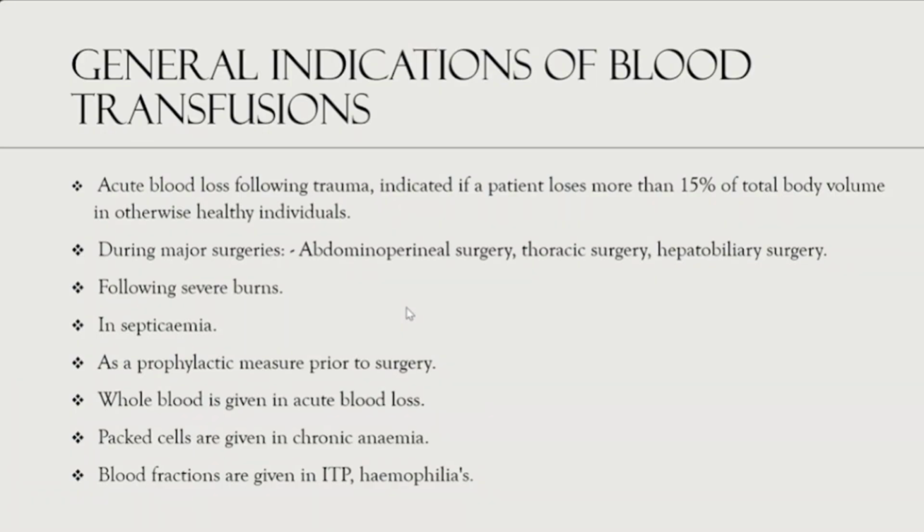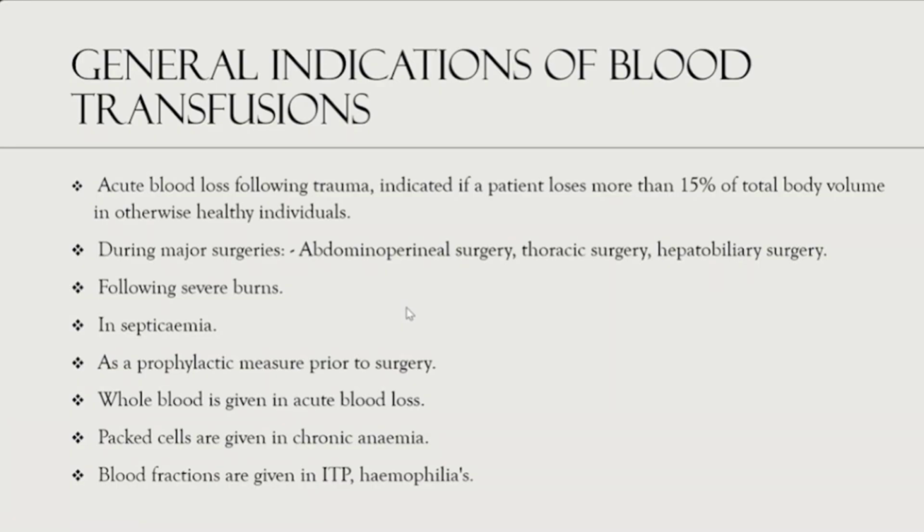So also following severe burns, because we know these severe burns damage the endothelium of the blood vessels. So they end up losing a lot of plasma, a lot of blood. So they are indicated for blood transfusions. In septicemia, as a prophylactic measure prior to surgery.